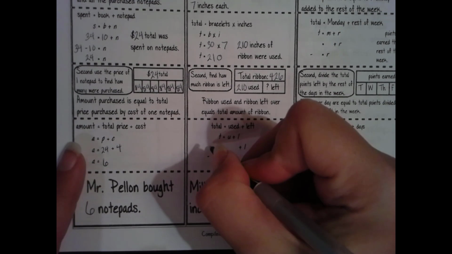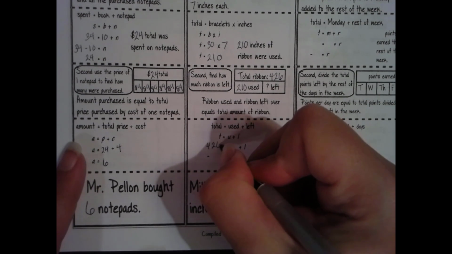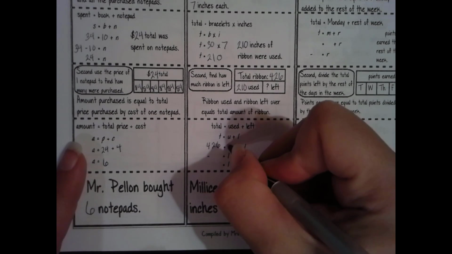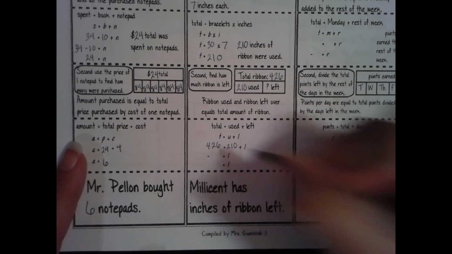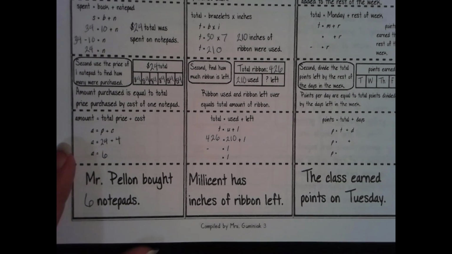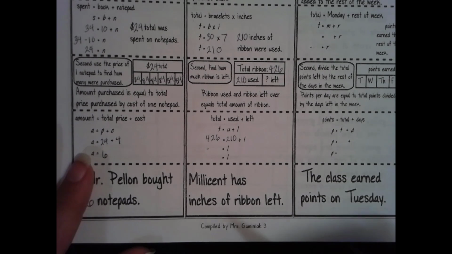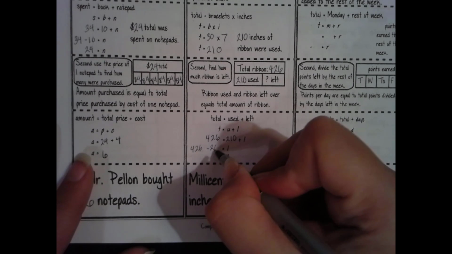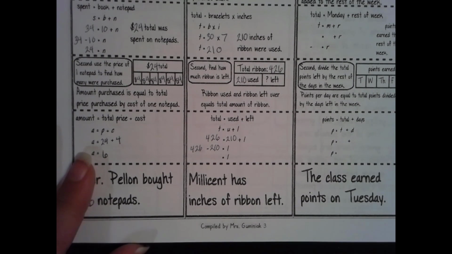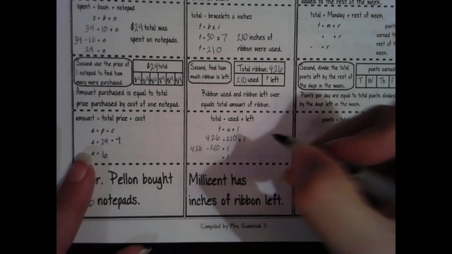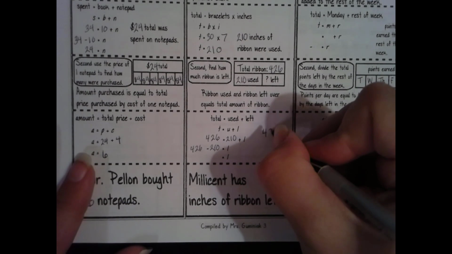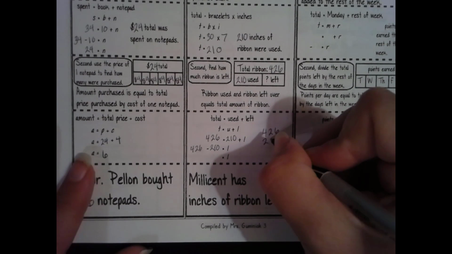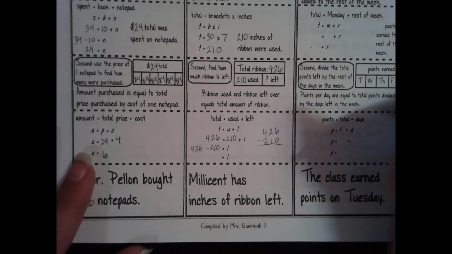So total is 426. Used is 210. What plus 210 equals 426? Well, we can use our inverse operation to find that difference. Now, you may need to write this vertically to solve, and that's okay.